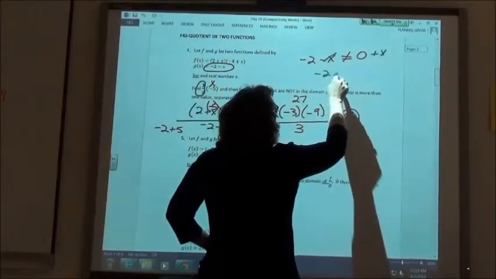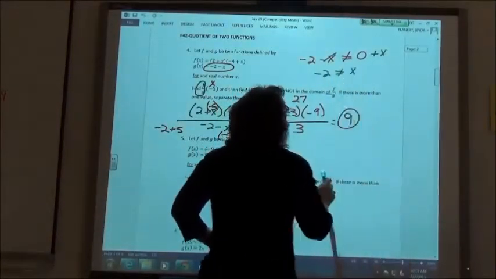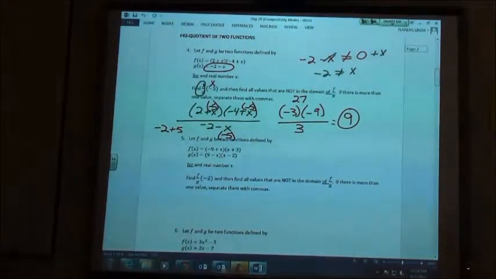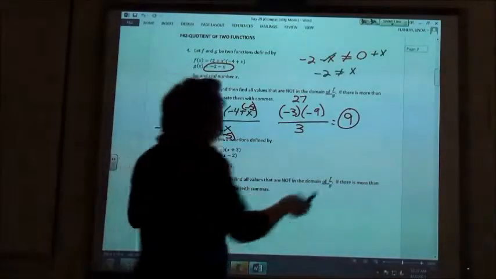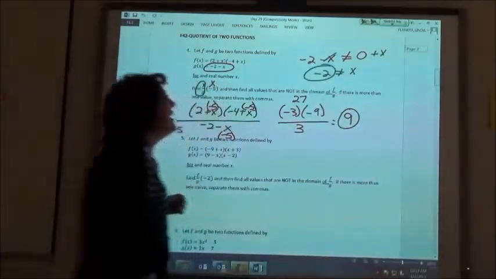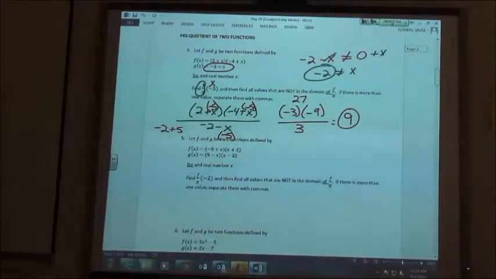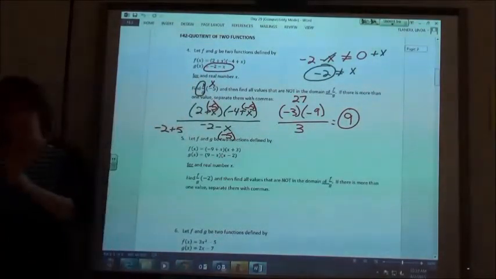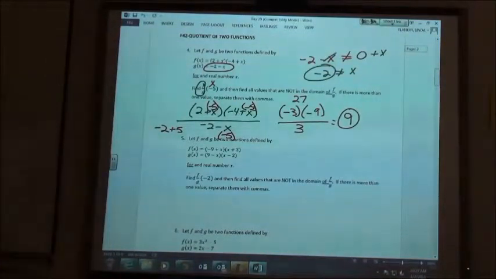So negative 2 can't equal x. It's solved because we moved the x since it was negative. So negative 2 can't be in the bottom, or I'd have a 0 on the bottom of my fraction. If you did negative 2 minus another negative 2, you get 0, and then I'd have a 0 on the bottom of the fraction, which is what I can't have.